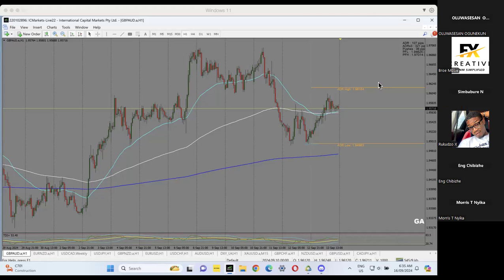But it's not showing. Oh, it's not showing. No, I can't see it. Can anyone else see it? All right, hold on a second. Okay.